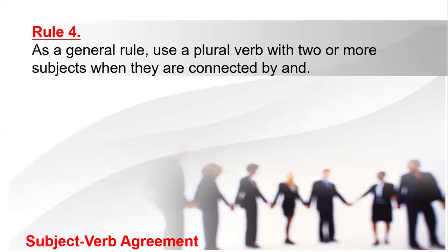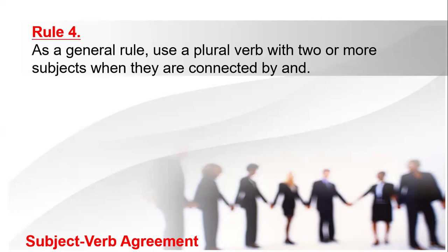Rule number 4, as a general rule, use a plural verb with two or more subjects when they are connected by and. Yes, no doubt. It's a very general, common, basic rule. When do you use a plural verb?